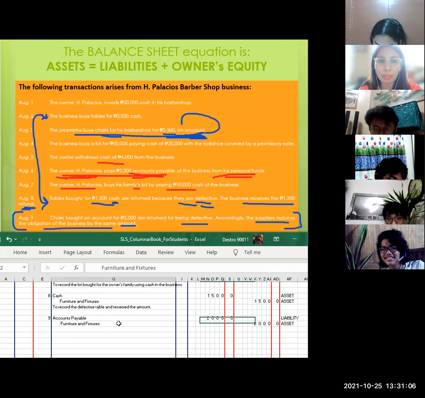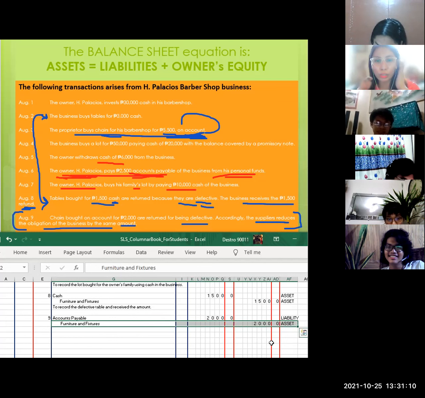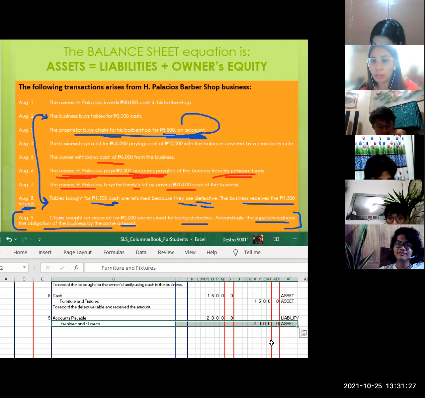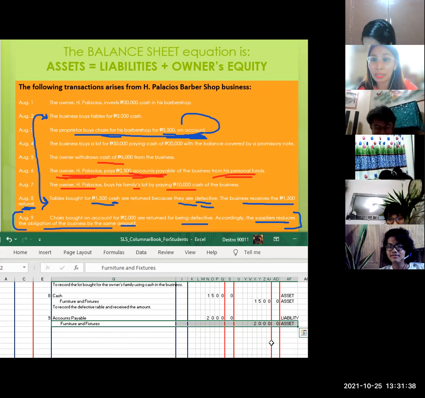Okay, and so with this one, yung furniture and fixtures. Furniture and fixtures is an asset account. If it is placed doon sa side na hindi niya normal balance, it decreases its account. Diba? Please refer to the equation I provided you last time na ang liabilities side or normal balance ay nasa credit.